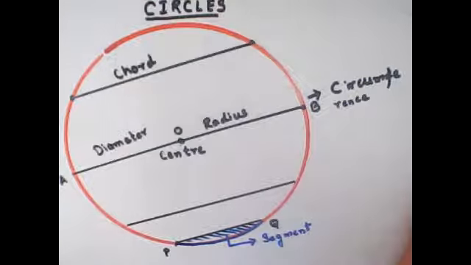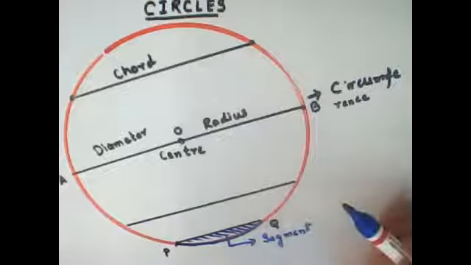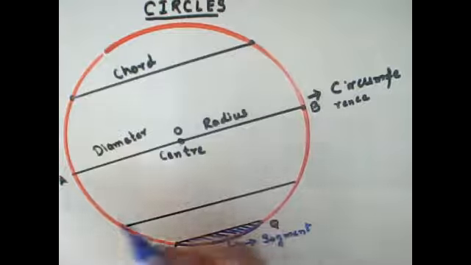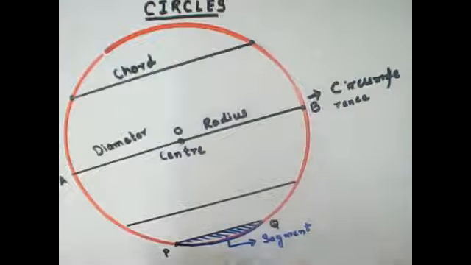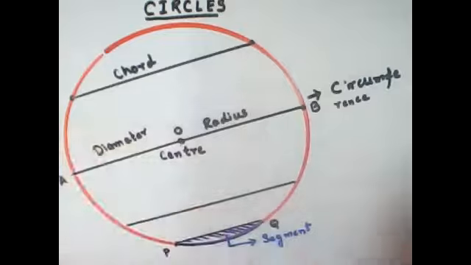And if you see, when we draw a chord, a circle is divided into two segments. The smaller one is called the minor segment. The larger one is called the major segment. So in this circle, this shaded region is the minor segment, and all this remaining unshaded region is the major segment of the circle.